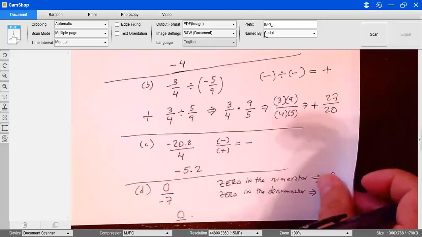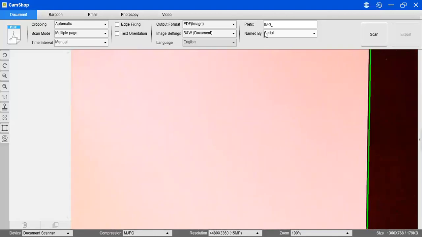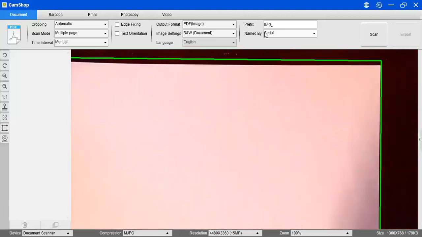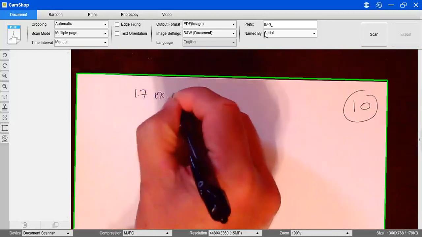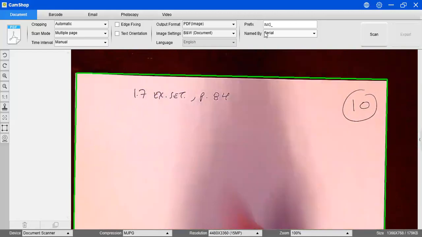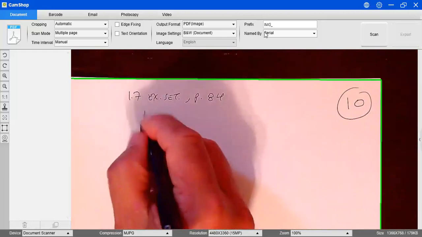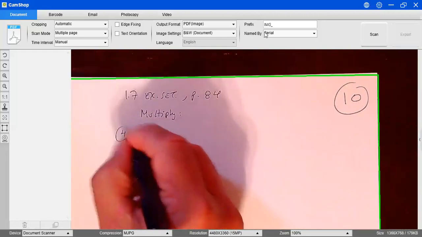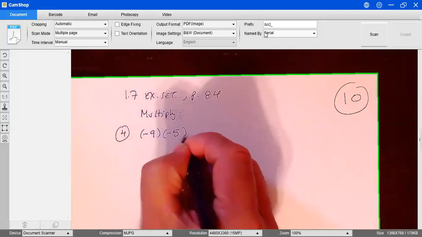Okay? So I'm going to give you the final problems to solve for this section. The final problems are from 1.7, exercise set, page 84. So we have first multiplication, so you're going to multiply. Number 4 is just -9 times -5.